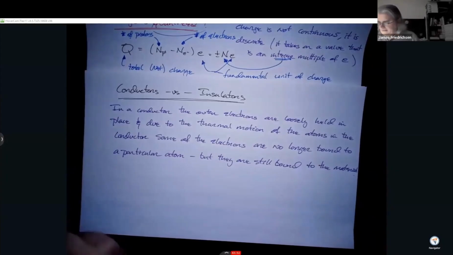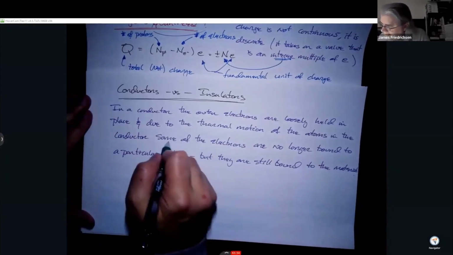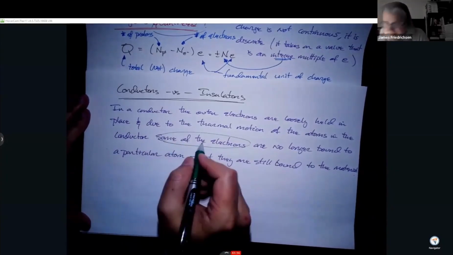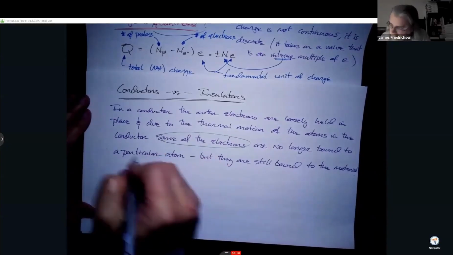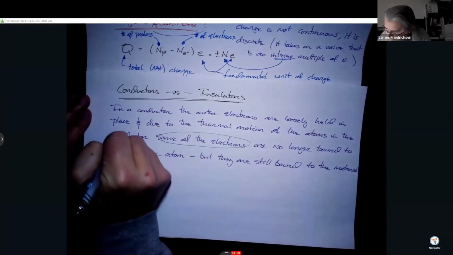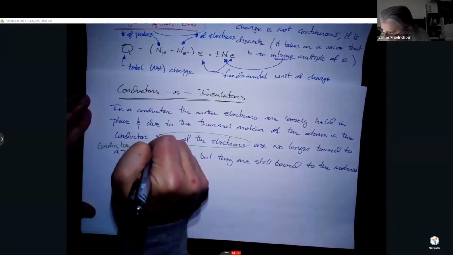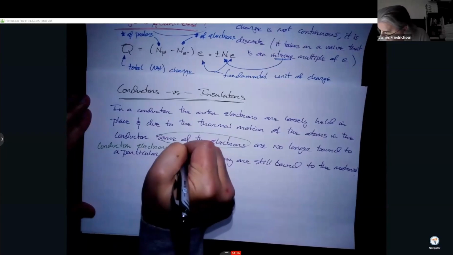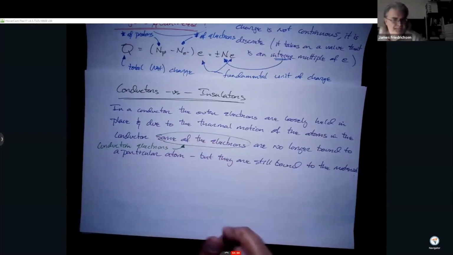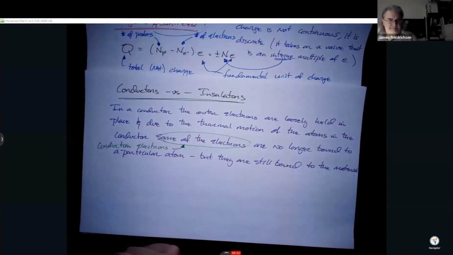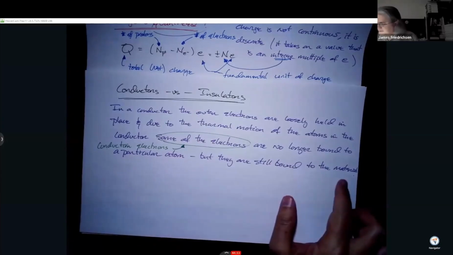And these electrons that get bumped out of their atoms, these are the conduction electrons. So they're still bound to the material.